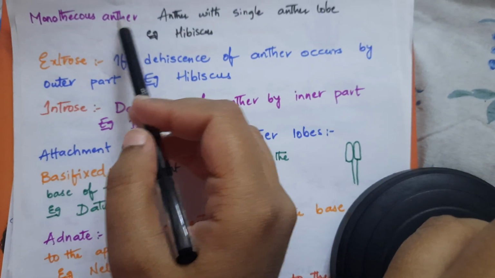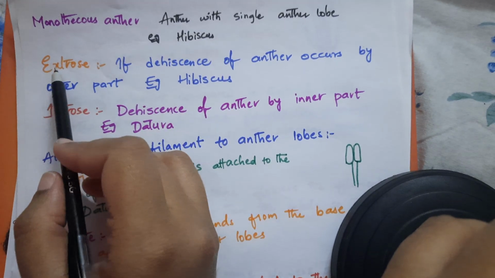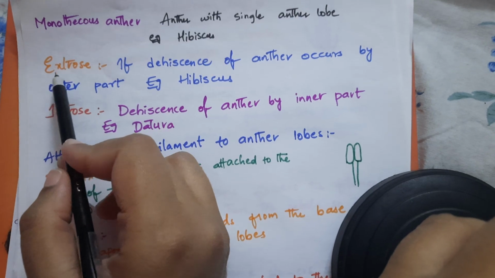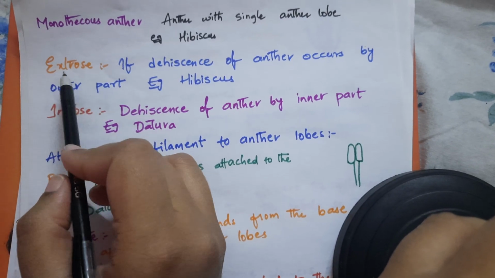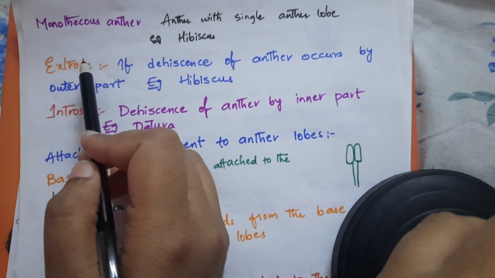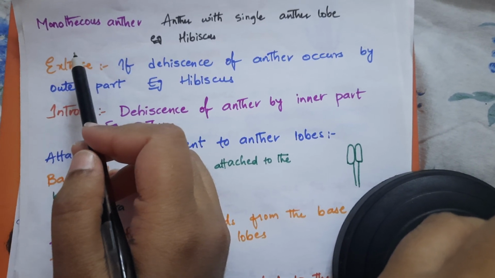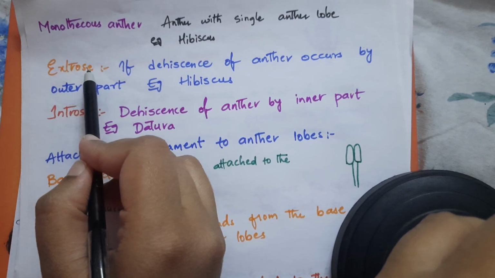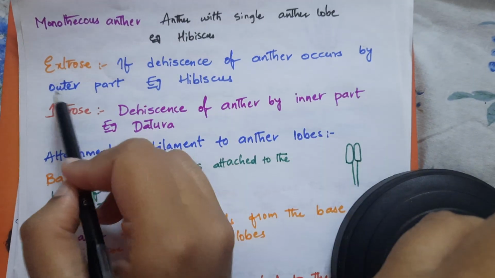Now let's go to some more terminology found in the anther, that is extrorse. What is the extrorse condition? After maturity, what will happen? There will be dehiscence of the anther. As a result, the pollen grains come outside, and pollination will take place. So what is the extrorse condition? If the dehiscence of the anther occurs by the outer part.